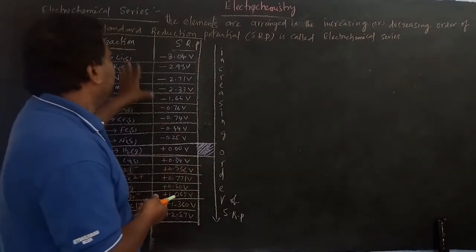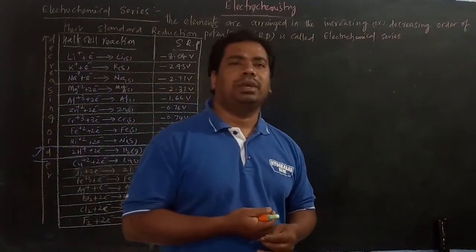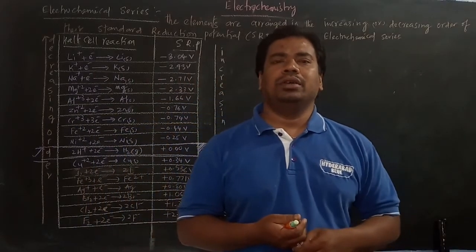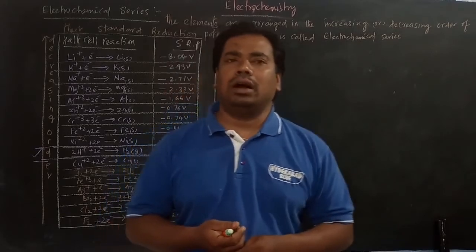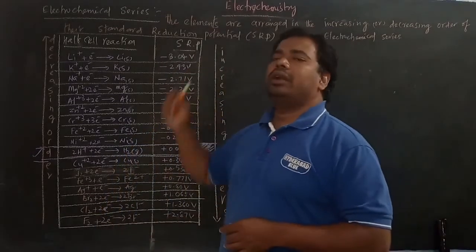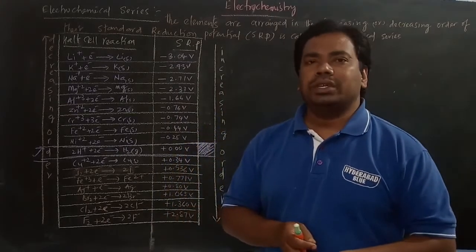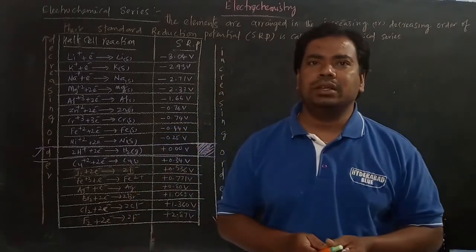So what is the electrochemical series? Electrochemical series means the elements are arranged in the increasing or decreasing order of their standard reduction potential on the hydrogen scale. So what is the electrochemical series, students?